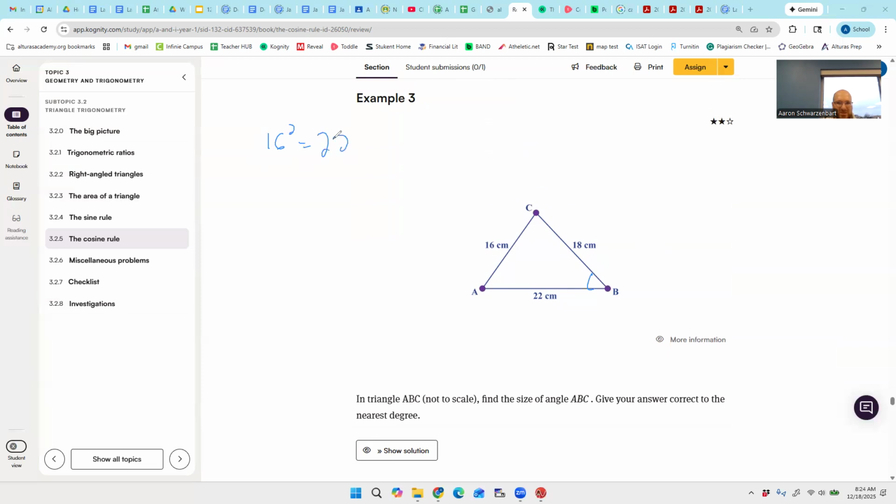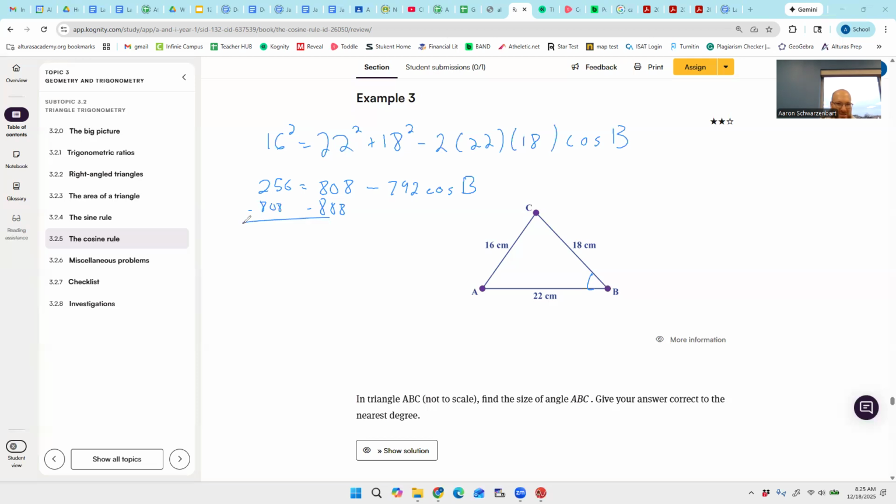16 squared equals 22 squared plus 18 squared minus 2 times 22 times 18 cosine B. I'm going to calculate this. 256 equals 22 squared plus 18 squared, 808, minus 2 times 22 times 18, 792, times cosine B. Don't combine these two.